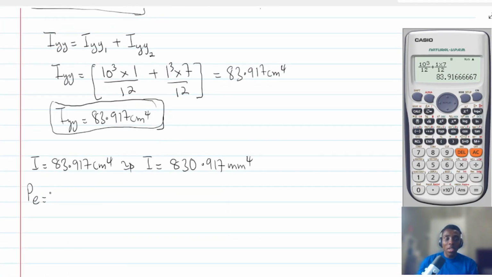So PE, the Euler load, will be pi squared EI divided by LE squared. But the LE is the effective length, which will come from the end condition. Now, because this is fixed at both ends, the effective length will be L over 2, the length divided by 2.